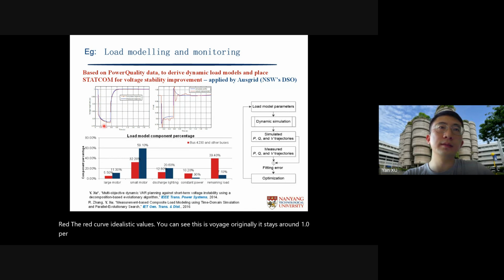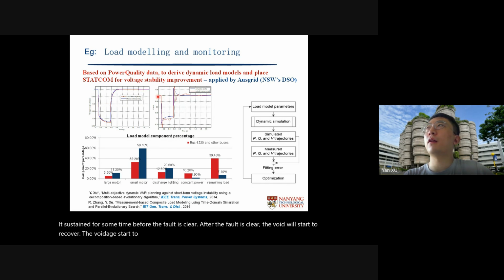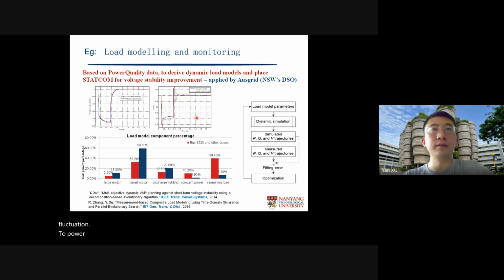After a disturbance it suddenly decreases to a low level, 0.8 something, and it sustains for some time. After the fault is cleared, the voltage starts to recover. And correspondingly, this is the real power fluctuation during this disturbance.